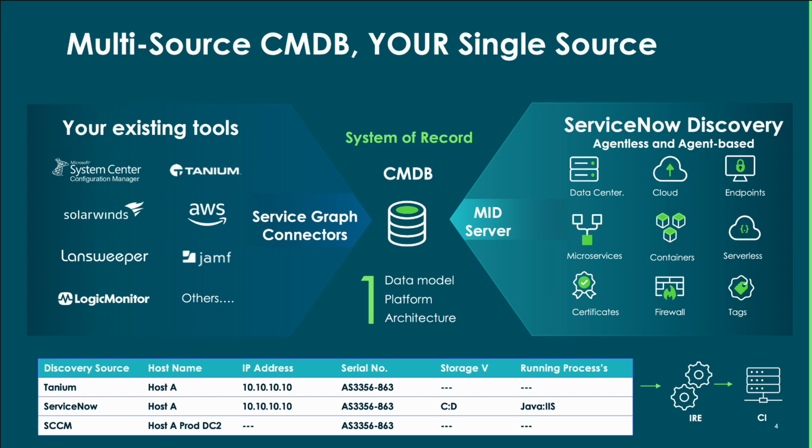The Identification and Reconciliation Engine also prevents duplication of configuration items and can consolidate key attributes about configuration items from multiple different sources. So as shown in the table, we have 3 different discovery sources, and each of them are better at identifying different attributes. So you can prioritize which source you would like to provide which specific attributes, ensuring a single accurate source of truth in your CMDB.